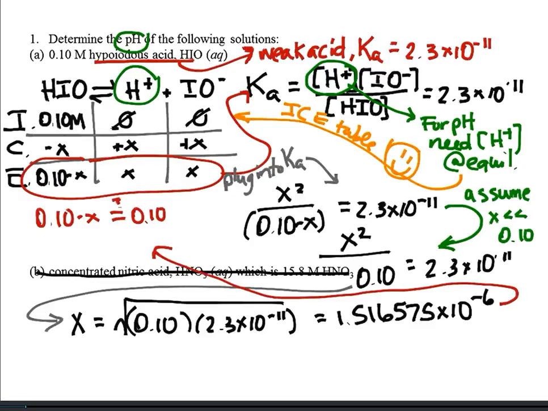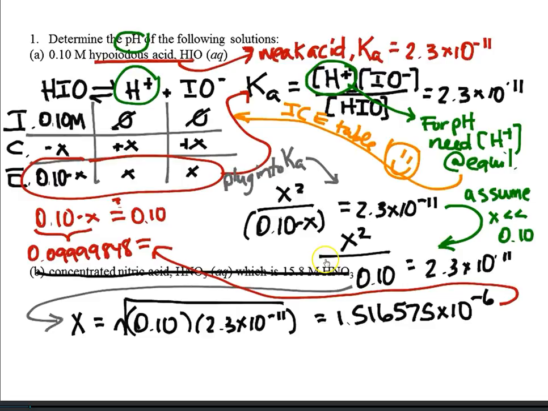Now we can check our assumption, right? So we'll go up here and do that. If we plug x in and figure out what 0.10 minus x is, you get 0.0999848. And above this equal sign is a question mark, questioning the validity of my mathematical assumption.